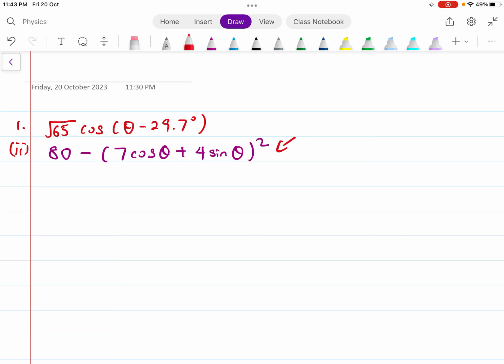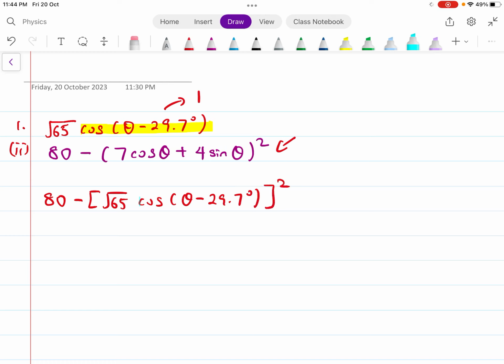First thing we must understand is that the largest value of your cosine theta minus 29.7 is 1. So of course we substitute 1 first. 80 minus, in square brackets, square root 65 cosine theta minus 29.7 degrees, then you square again.